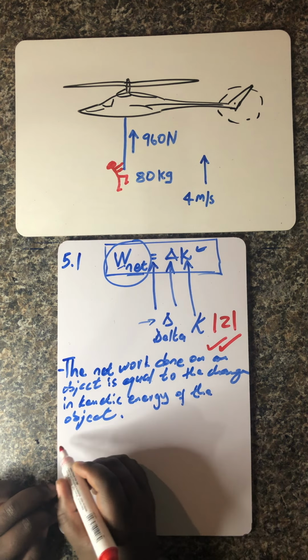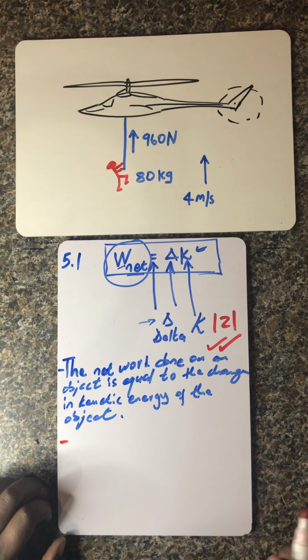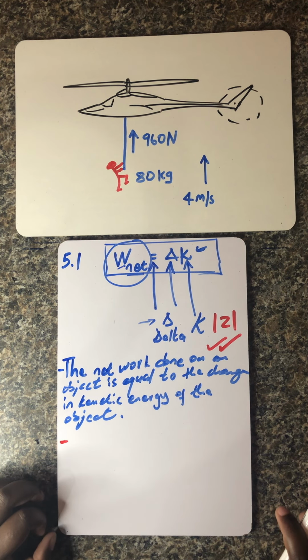Remember, the other one may decide to state the theorem in a different way. Okay, one may say the work done on an object by a net resultant force is equals to the change in the object's kinetic energy.